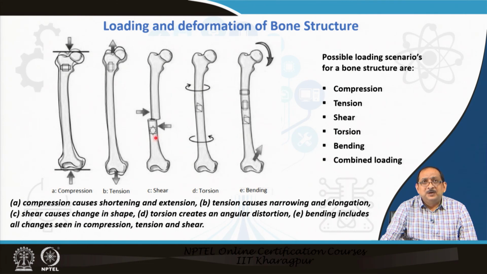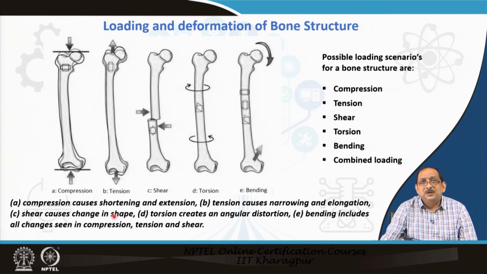So, if we consider compression, you can see that here we have indicated small stress elements, and how the stress element is deformed is indicated in this diagram as well.